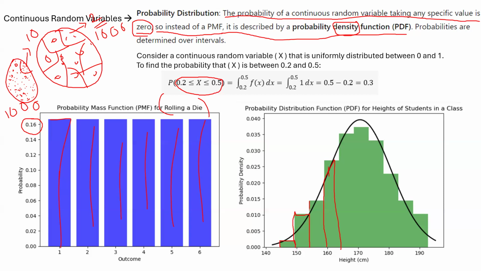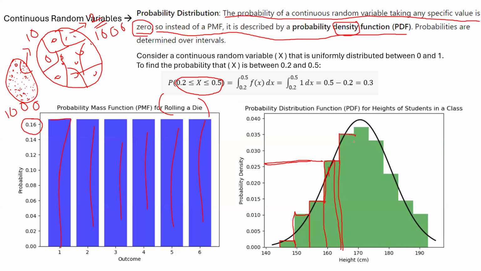The probability of students' height within 155 to 160 is 0.15. Similarly, 160 to 165 is 0.27 or something, somewhere here, right? I think it is 0.25. So what is the probability of students between 165 to 170?